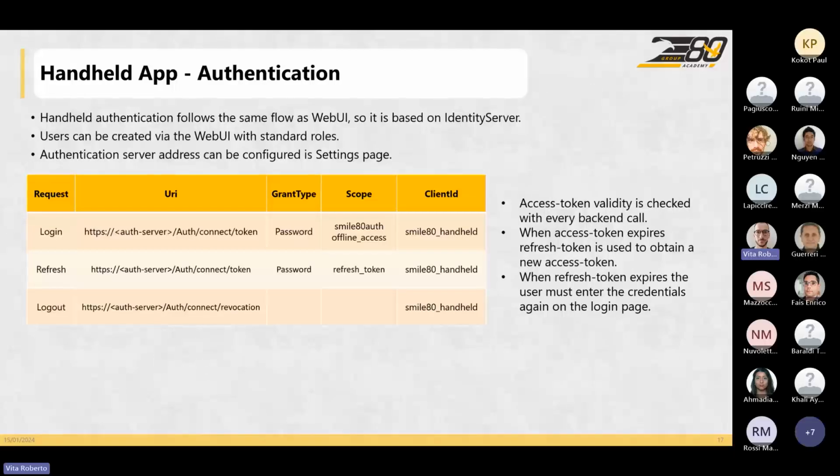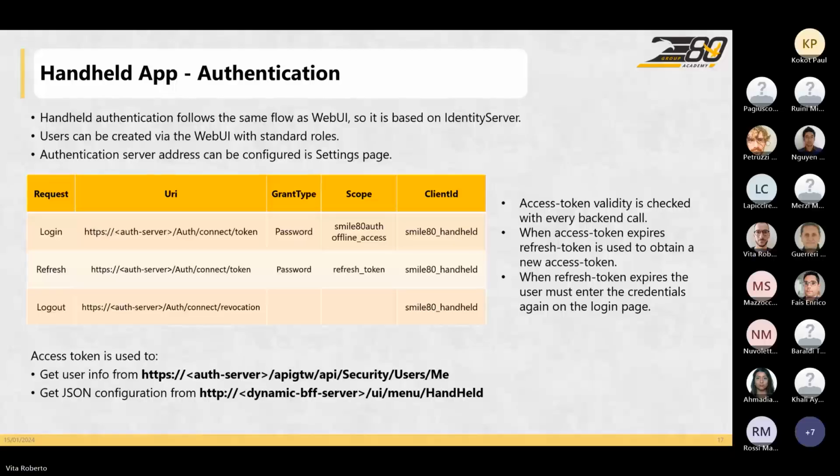And when both expire, we are forced to the login page. As we said, we use the access token to get user info and to get the JSON configuration from this static address on the Dynamic-BFF server.